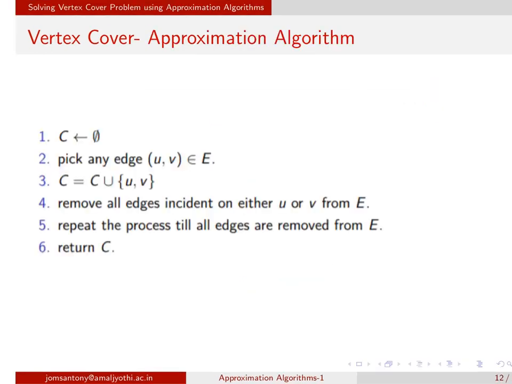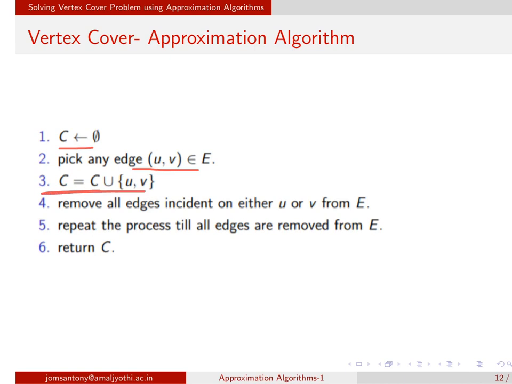We will analyze this algorithm step by step. The first step is that we are initializing the solution set as a null set, and then we are arbitrarily picking an edge uv from the set of edges. Now we will add the vertices of this edge to our solution set. That is why we have written C equal to C union {u, v}.